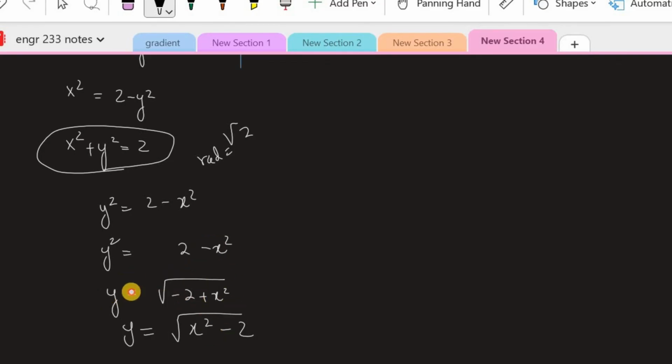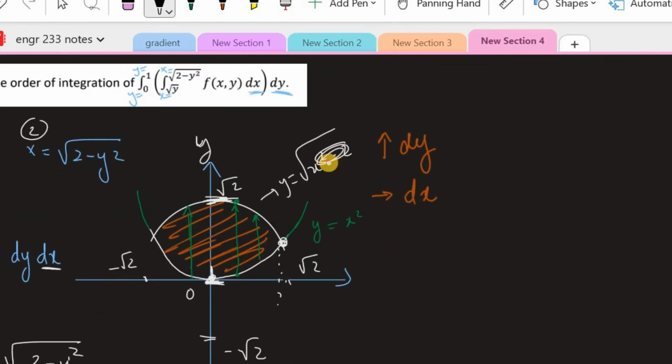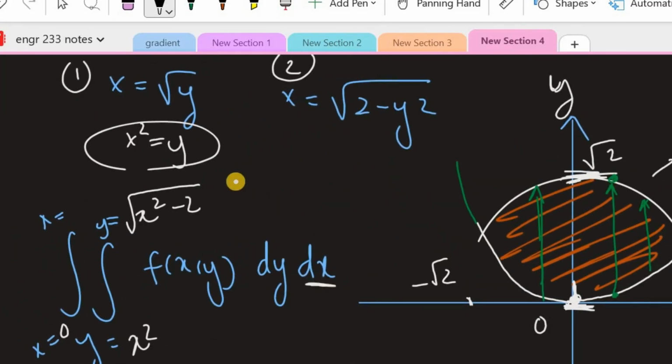Then here this has to be negative x squared positive 2. Just have to swap the signs. Negative x squared positive 2, and here as well, negative x squared and positive 2. I'm so sorry for the mistake.